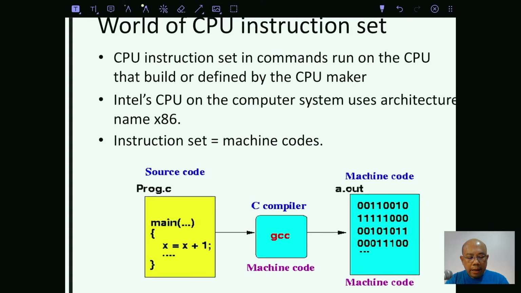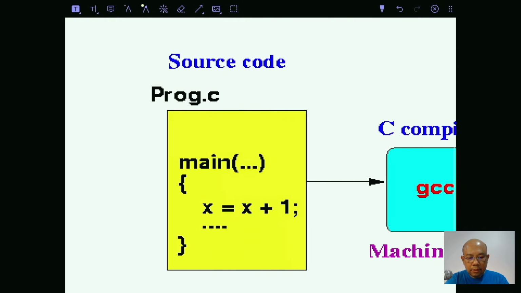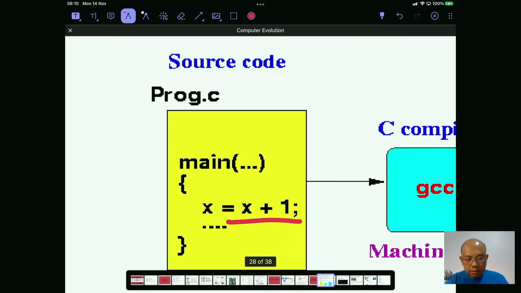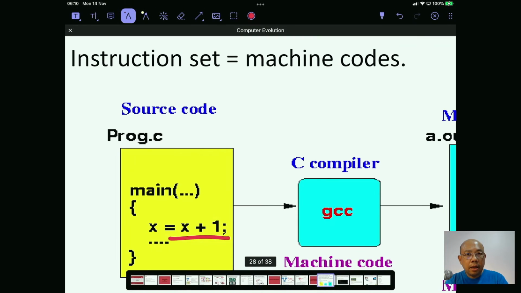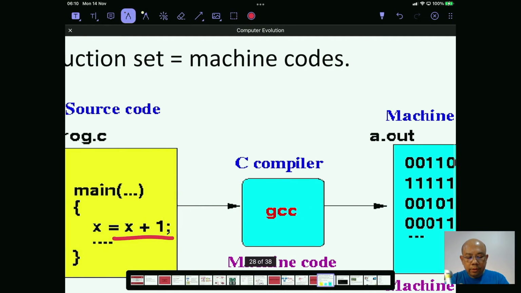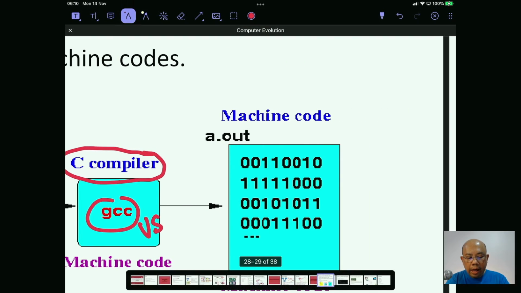I write computer code here, program.c, with an addition x plus 1, and I have a function main. After you finish writing the code, you use a compiler like GCC or Visual Studio to compile it, and then you will have an a.out file or some file.exe.